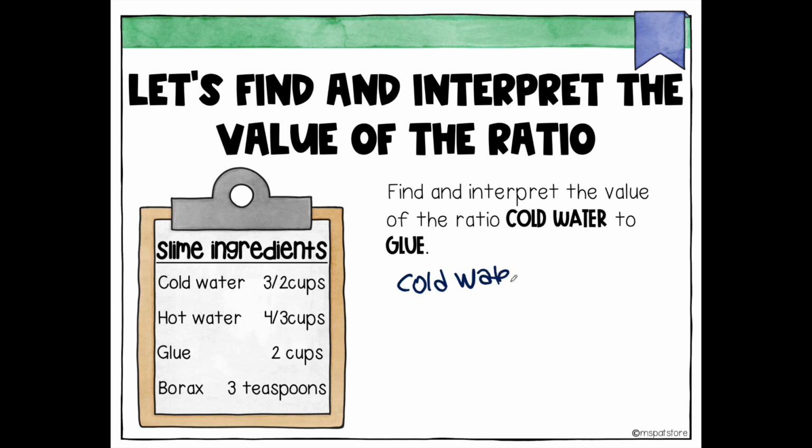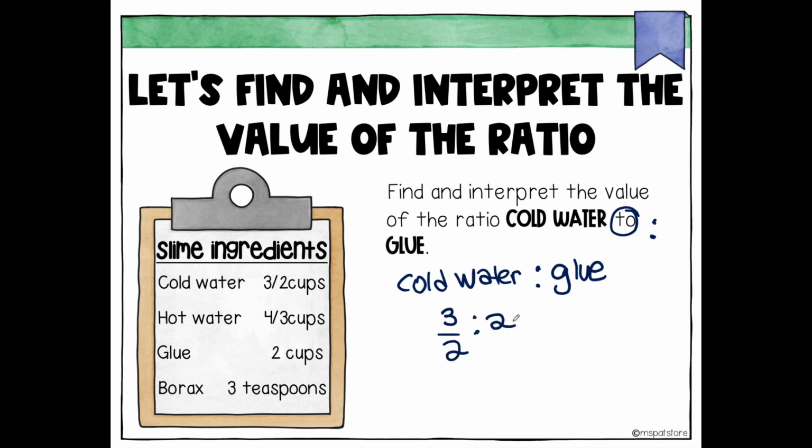Cold water to, okay, remember that this is another way to write this, 2 dots. Cold water to glue. So according to my ingredients, I will need 3/2 cups of cold water. And the glue will basically be 2 cups.